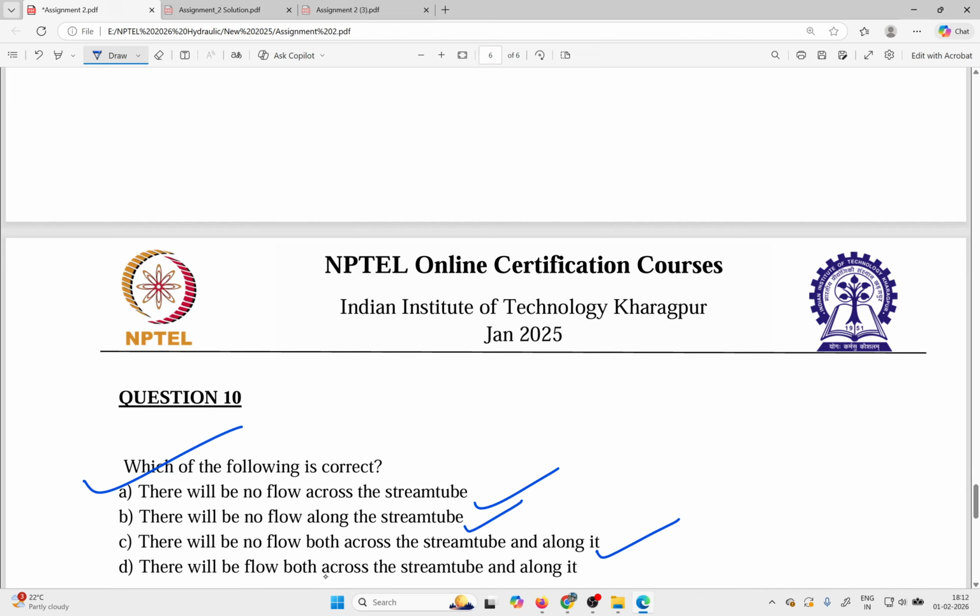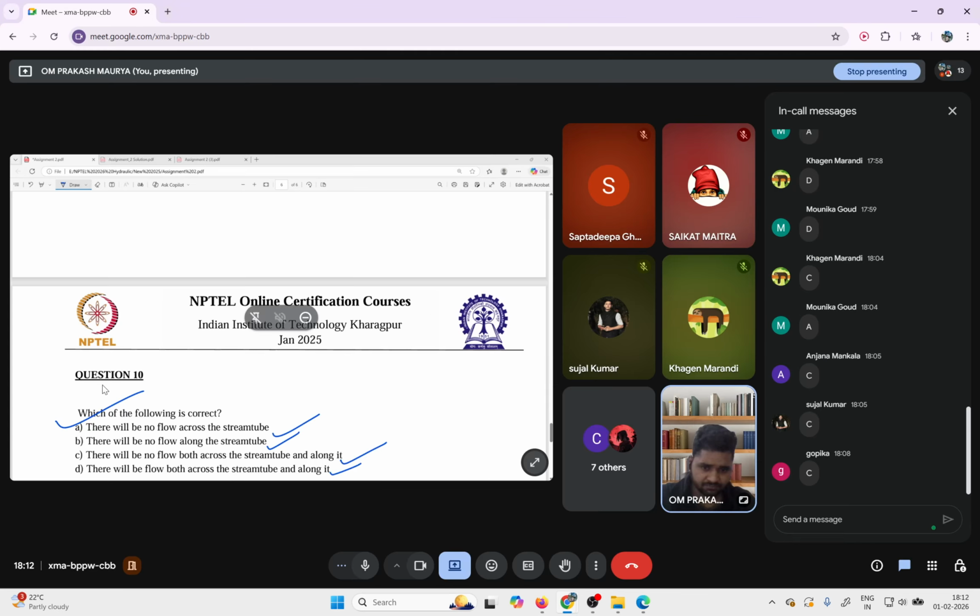There will be flow both across the stream tube and along it. So please think on that and try to give your answer. The question here is about the stream tube, and based on it, four options are given.